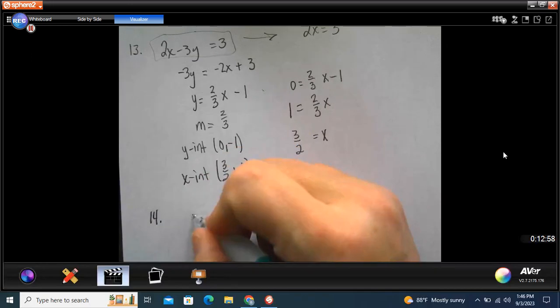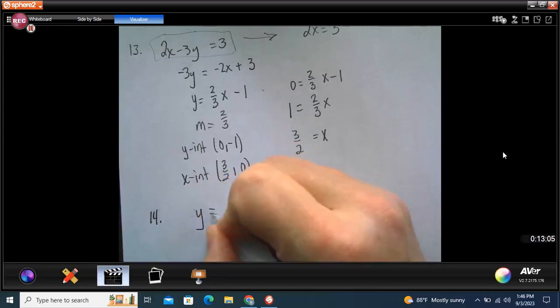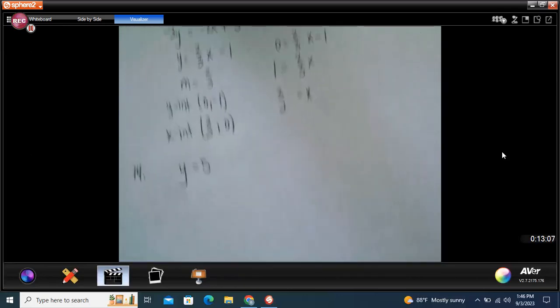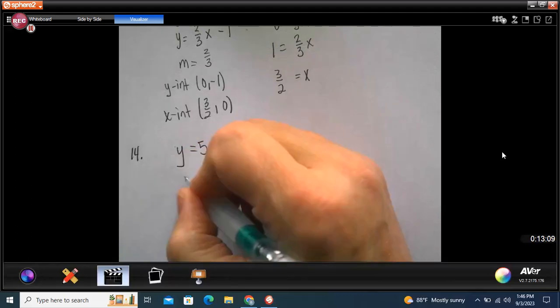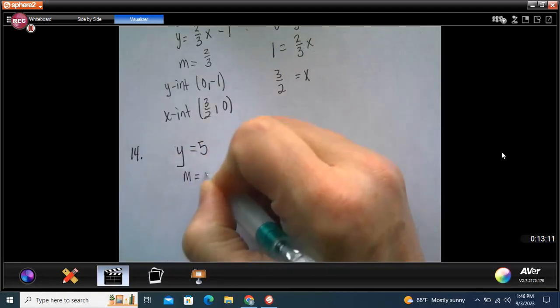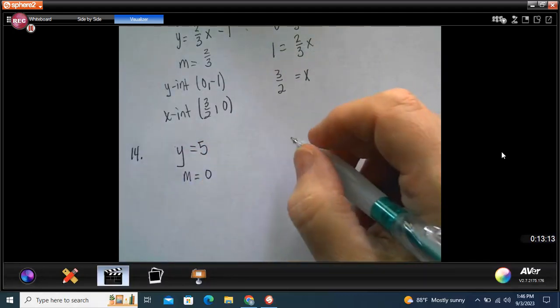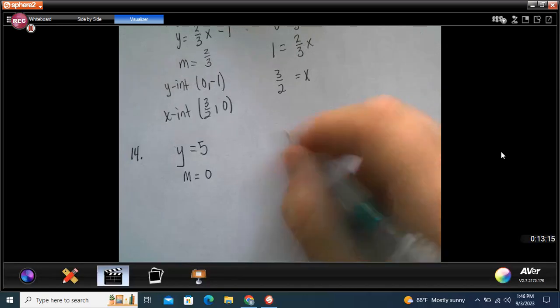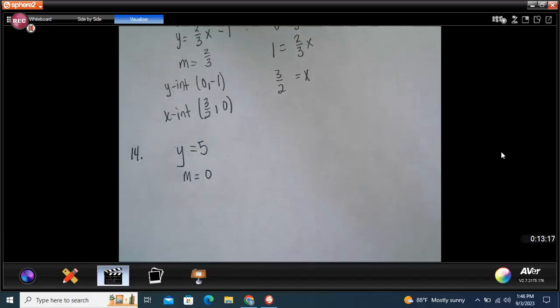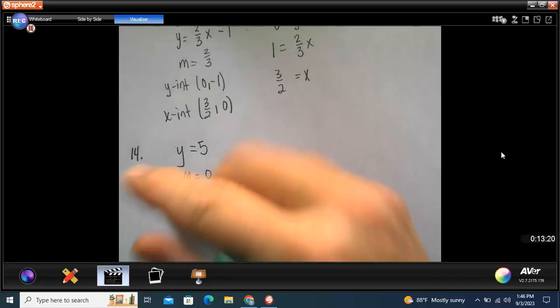Find the slope and the intercepts of the equation of the line with the equation y equals 5. Well, that's a horizontal line. So the slope is 0. If it were a vertical line, I would write the slope is undefined. Remember, no slope isn't in our vocabulary.